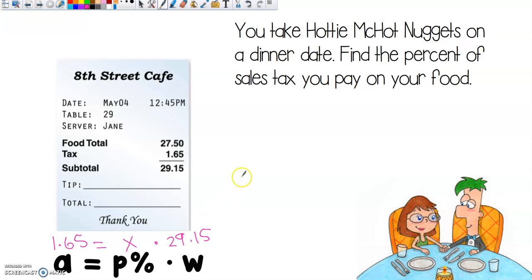So let's go ahead and solve this. Let me rewrite it up here so that we can see it better. $1.65 equals 29.15x. Divide by 29.15 on both sides. Let's try it on the calculator.